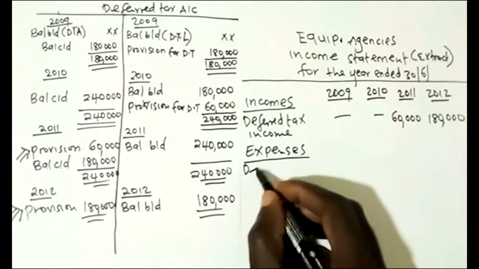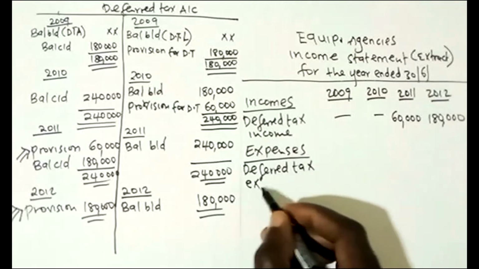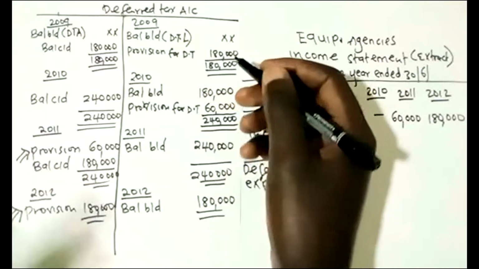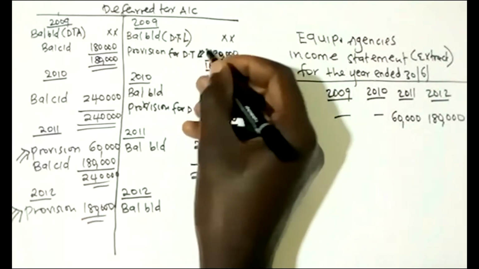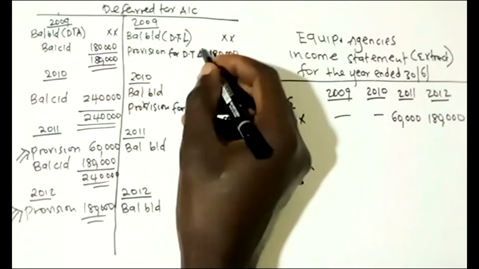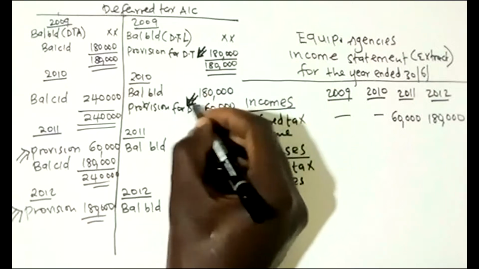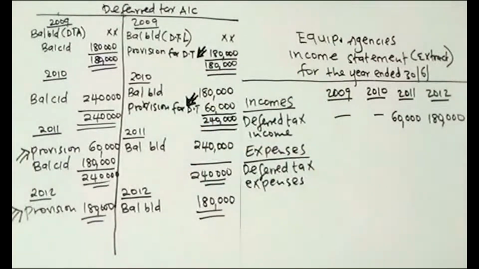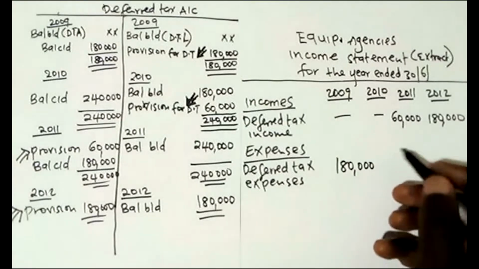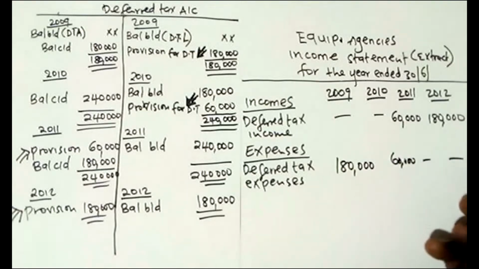So you talk about the deferred tax expenses, which is this one, whereby it was increasing, where they made a provision, where we have an expense. They made a provision for future taxes, because all of these were increasing. So the 180 and the 60. So for the last 2 years, dash.